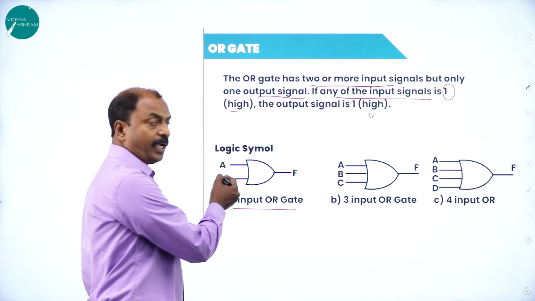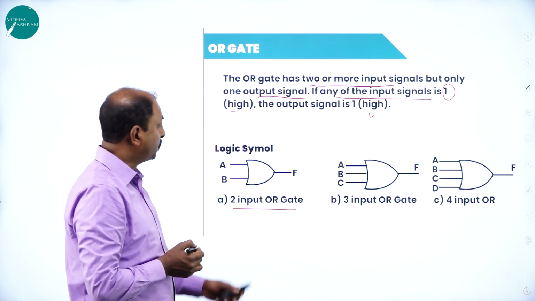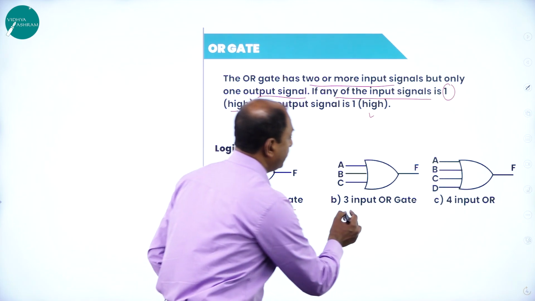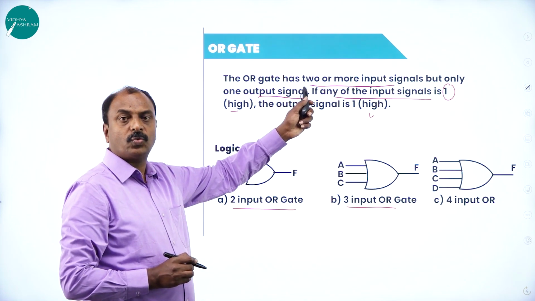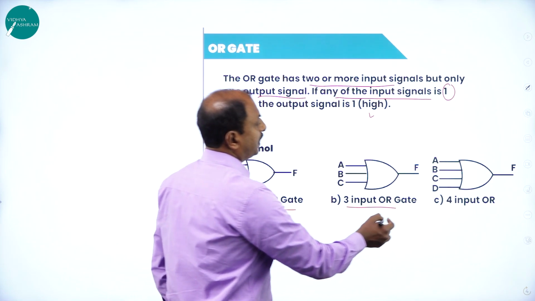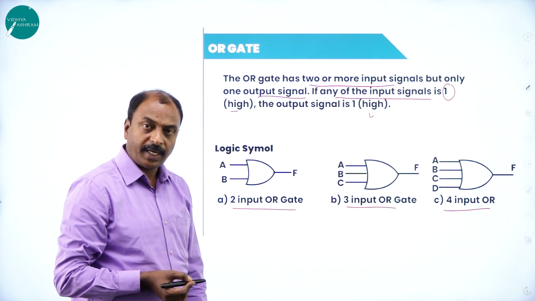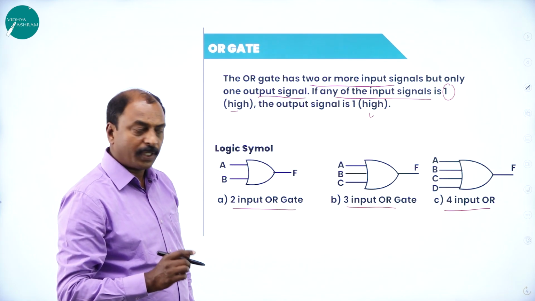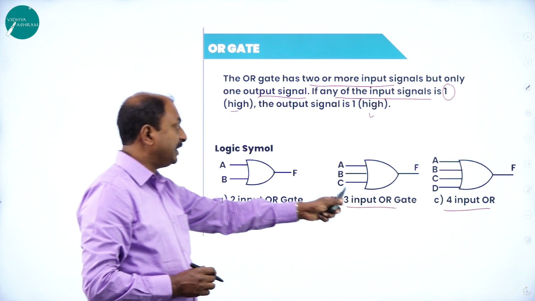Here A and B are two inputs and F is the output. This is a three input OR gate, because this gate takes two or more inputs, and this is a four input OR gate. And all logic gates always produce only one output. That is, in this example, F is the output of these gates.